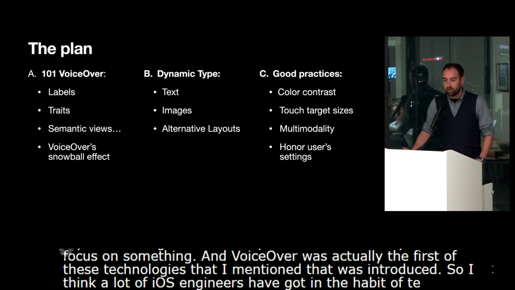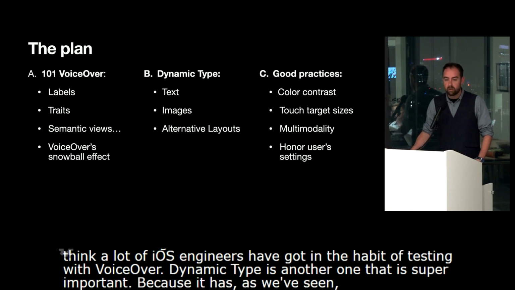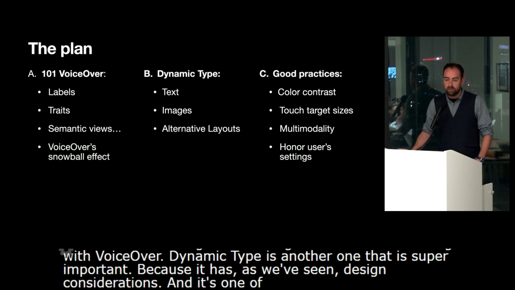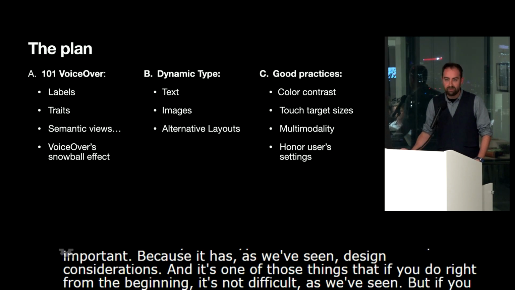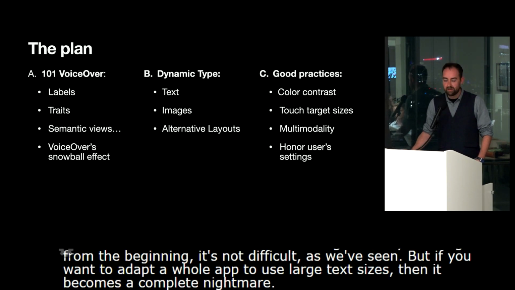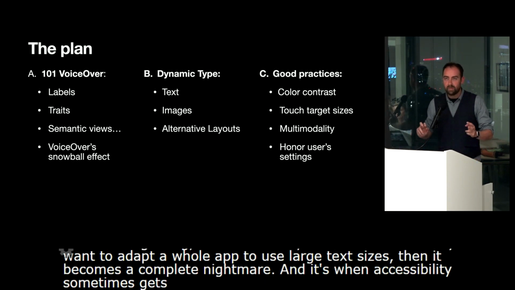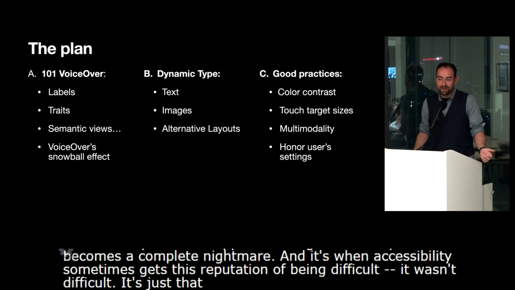Dynamic type is another one that is super important, because it has, as we've seen, design considerations, and it's one of those things that if you do right from the beginning, it's not that difficult. But if you suddenly want to adapt a whole app to use large text sizes, then it becomes a complete nightmare. And that's when accessibility sometimes gets this bad reputation of being difficult. Well, it wasn't difficult. It's the same with testing, right?